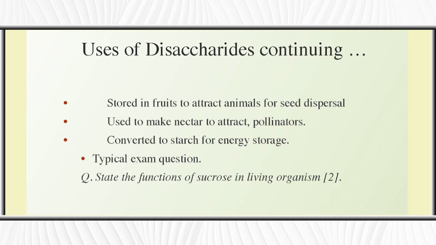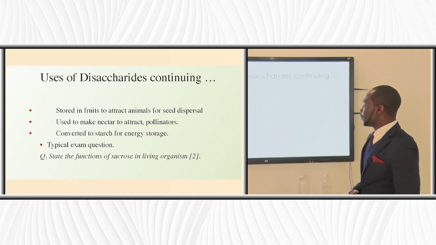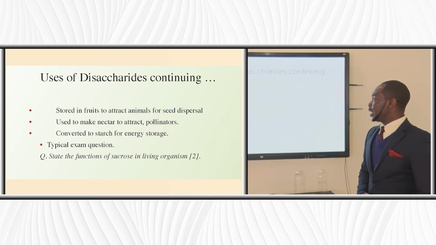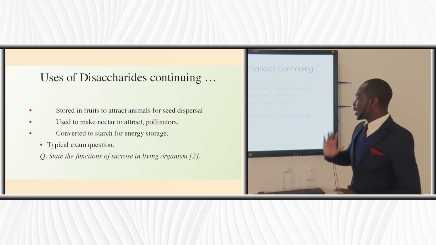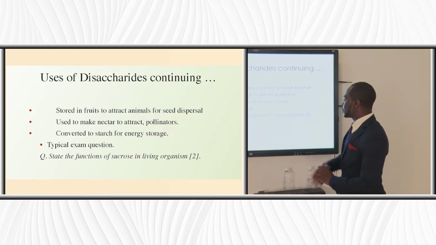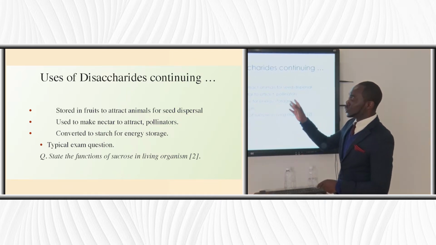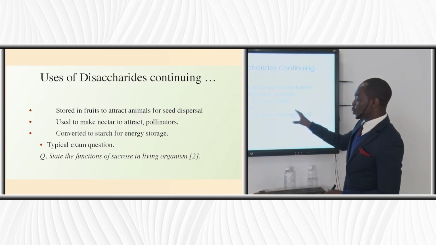Storage in fruits to attract animals for seed dispersal. 5. Used to make nectar, which will attract pollinators, which are insects involved in insect pollination. 6. Converted to starch for storage in plants. A typical question states: state the functions of sucrose in living organisms. All these uses of sucrose will be answers to this question.